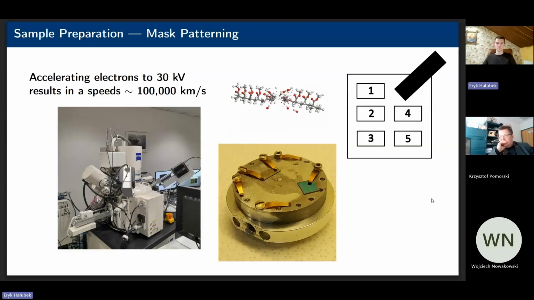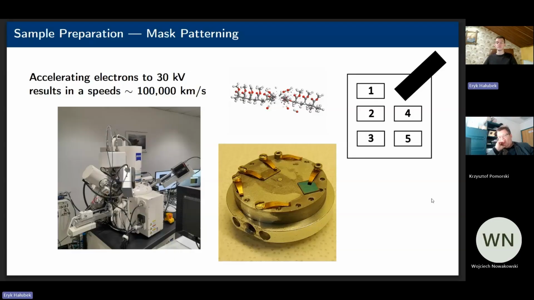These electrons are accelerated to very high speeds by a potential difference of around 30 kilovolts, and they can reach 100,000 kilometers per second.